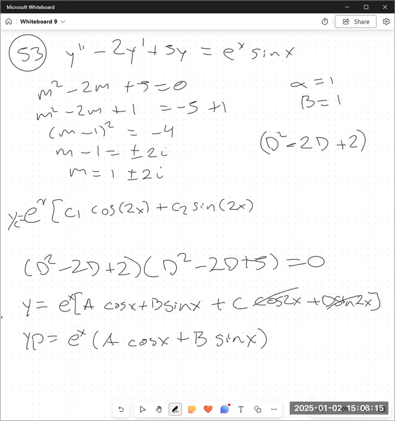You can look for the proof of that, but we always write the cosine part, the real part, first.